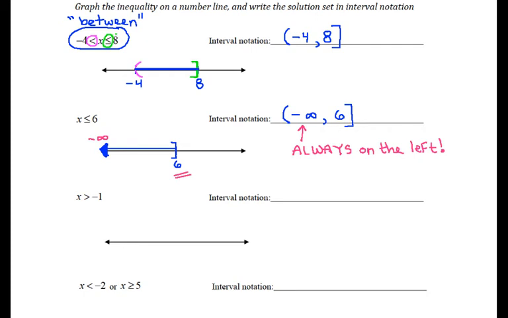This next one, x is greater than -1. Greater than goes to the right, and it is a strict inequality, which means we want an open bracket. So this is what our set looks like. We can see that we again have an infinity. This time our infinity is positive, and it's on the right.